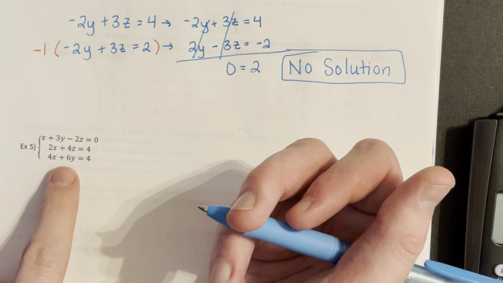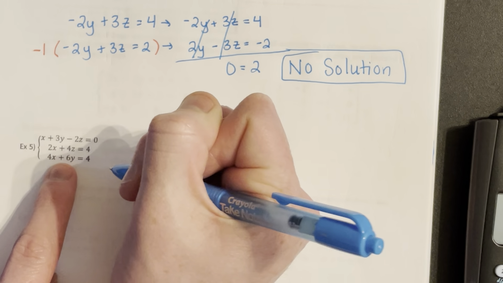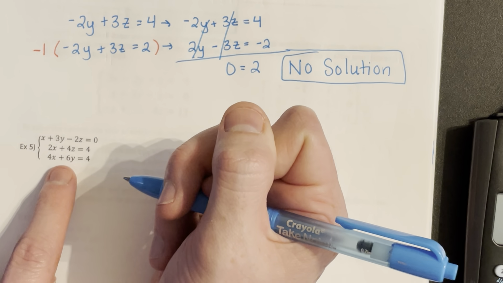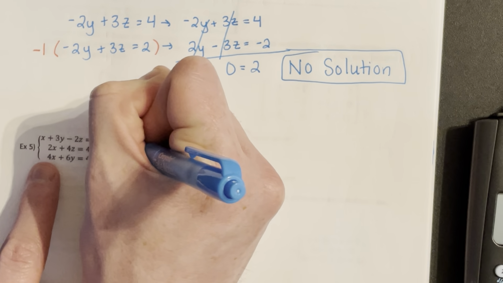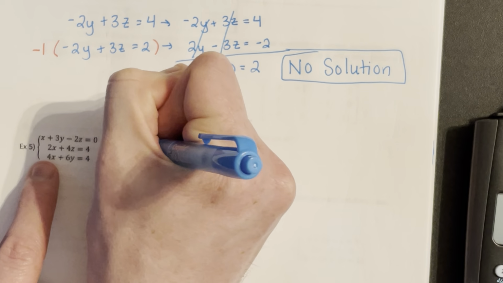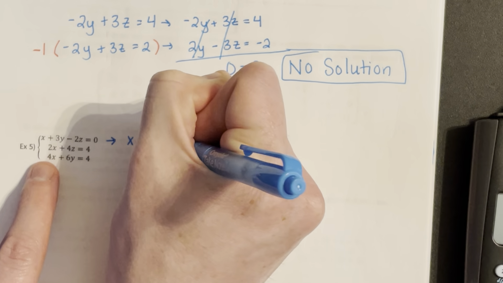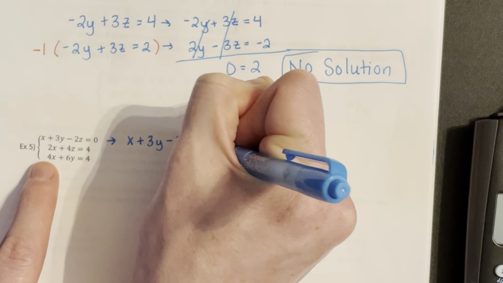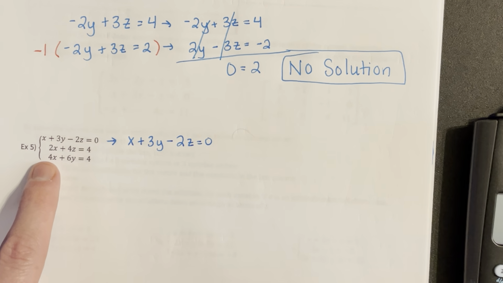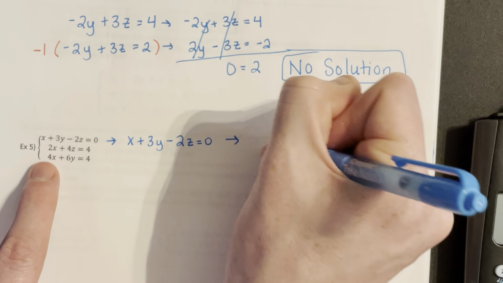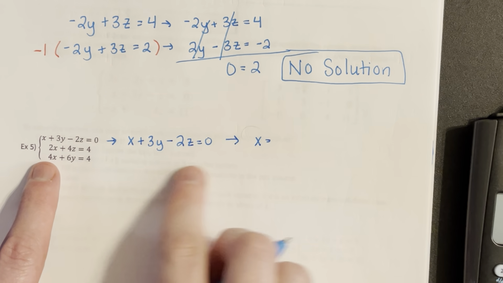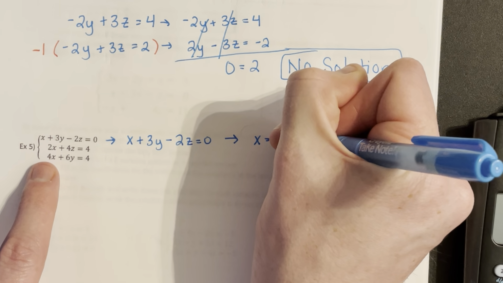Actually, let's try this a different way. I'm going to take this and use substitution. Okay, so because this x equation can be solved for x kind of easily, I can just move the other stuff to the left or to the right.